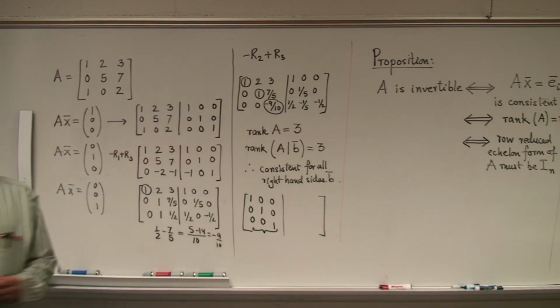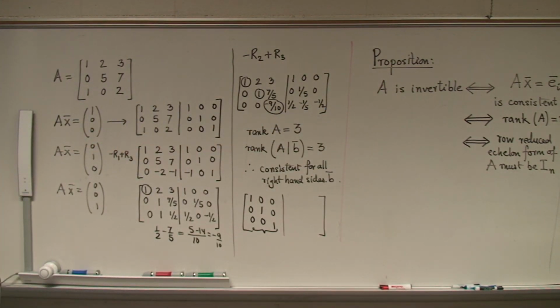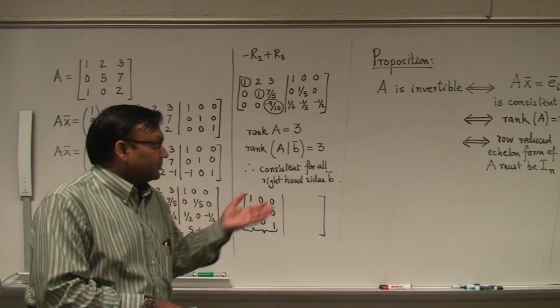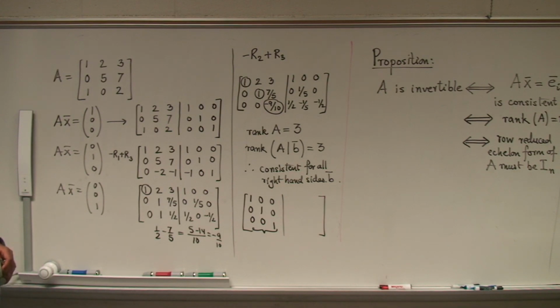Now, I'm not claiming that I have proven these statements. I'm just saying that these statements become more or less obvious from the example we are doing. So these things could be true, and then we'll try to see if we can prove some of them. What we are trying to do at this stage is develop criteria for a matrix to be invertible.